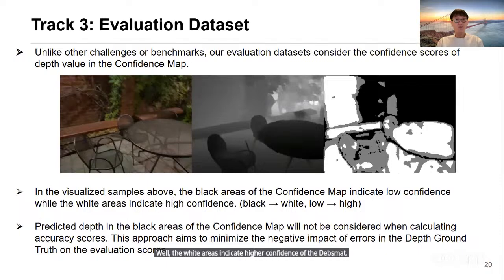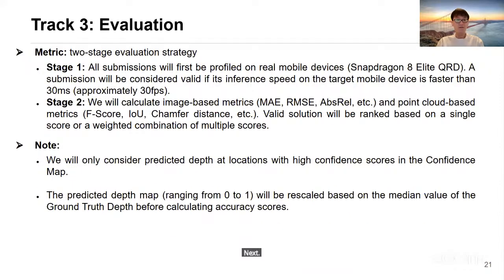So black to white means that the confidence scores go from low to high. And the predicted depths in the black areas of the confidence map will not be considered when calculating the accuracy scores. This approach aims to minimize the negative impact of errors in the depth ground truth on the evaluation scores. Next, I will introduce the evaluation part.